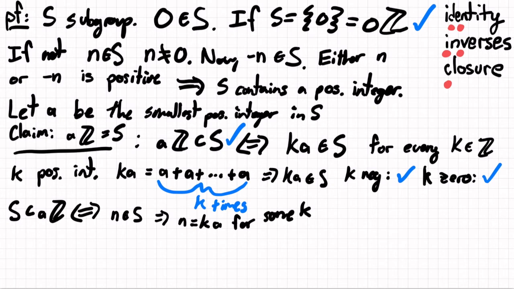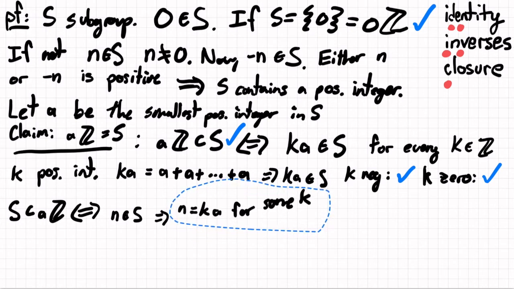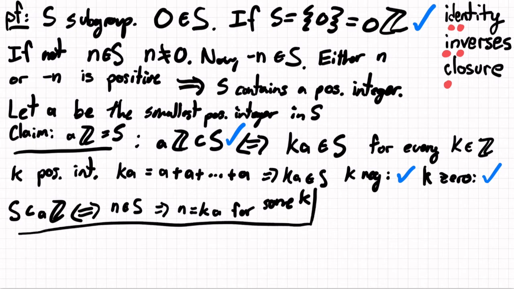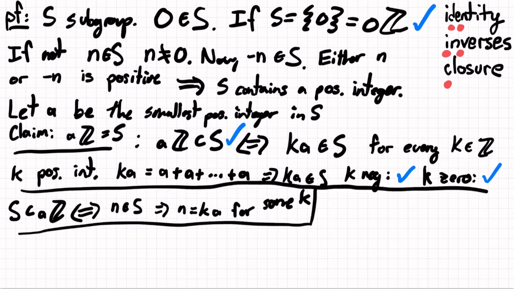Maybe I should erase this. That will give me a little bit more space here. That'll be nice. So pick n in S. So now what I want to do is I just want to write out what n is.